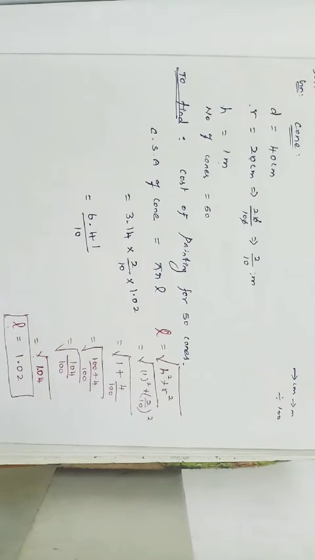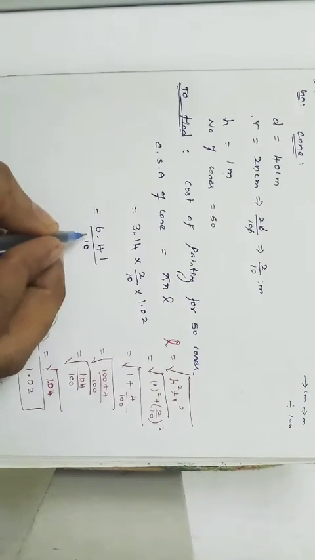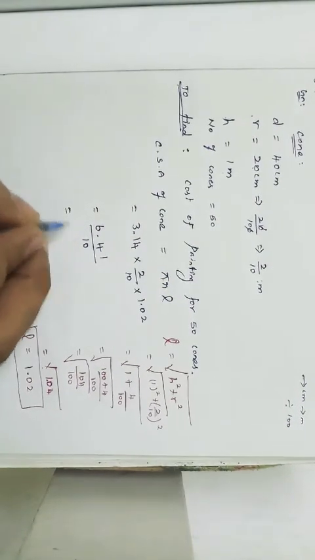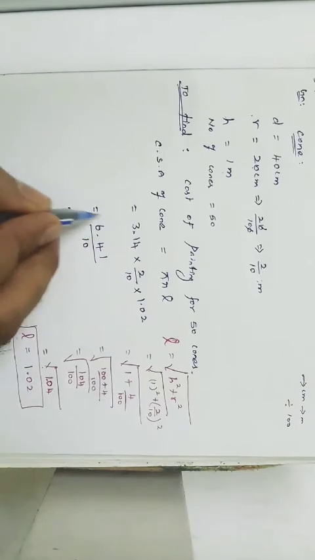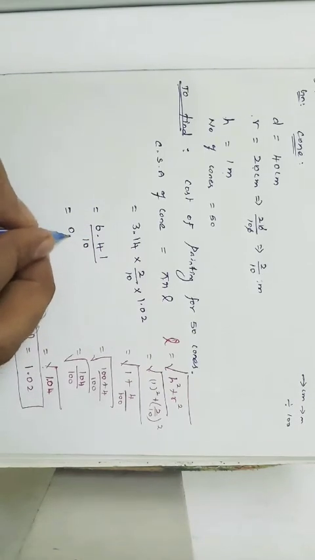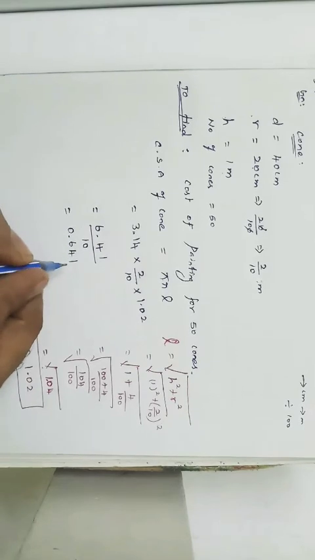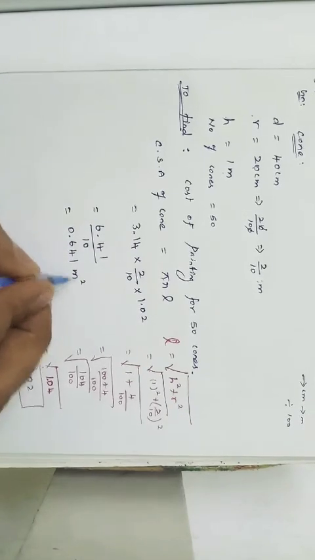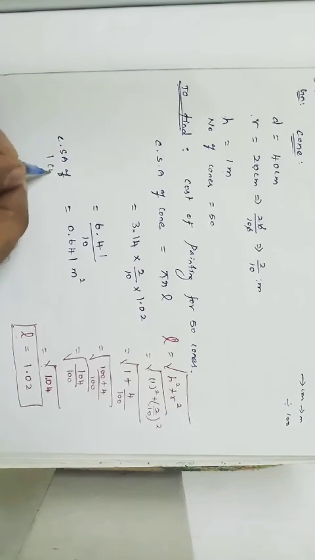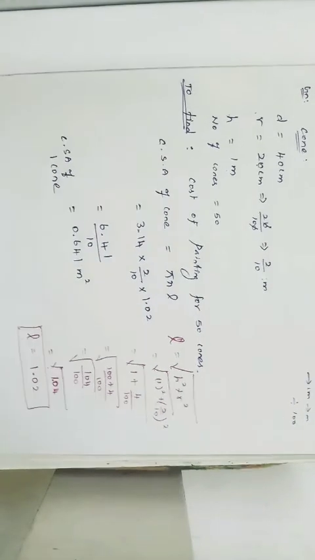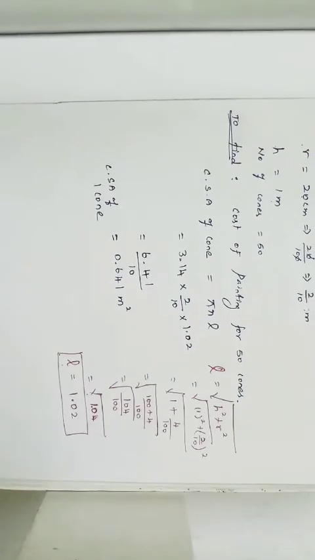Dividing by 10 means the point moves one digit left, so it is 0.641 meter square. CSA of one cone is equal to 0.641 meter square.